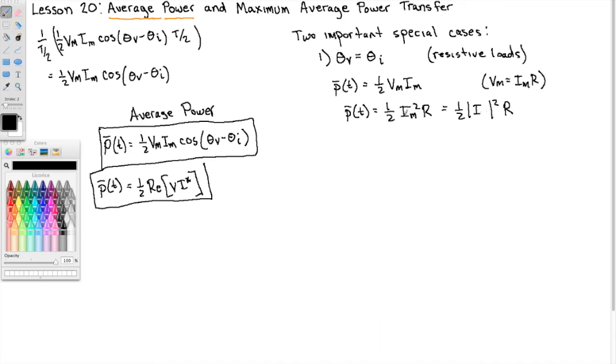The amplitude can be written with absolute values. So this is the average power in a resistive load.